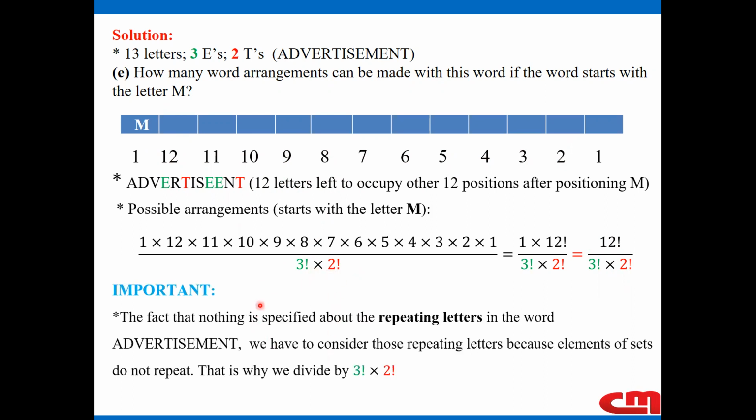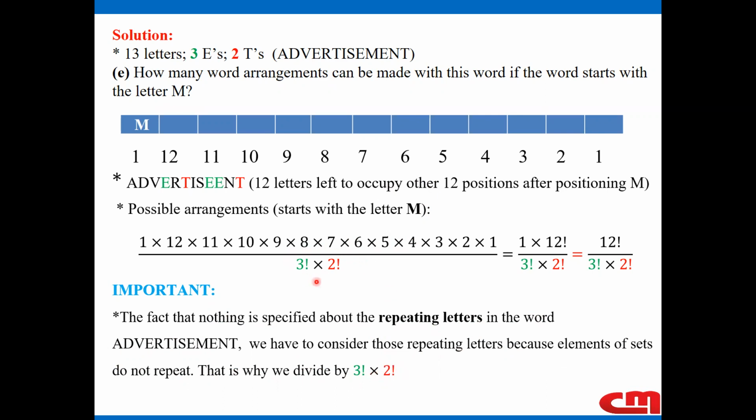Okay. Of course, maybe I've already said it, but it is important for you to note that, the fact that nothing is specified about repeating letters in the word advertisement, we have to consider those repeating letters because elements of sets do not repeat. That is why we divide by 3 factorial times 2 factorial.